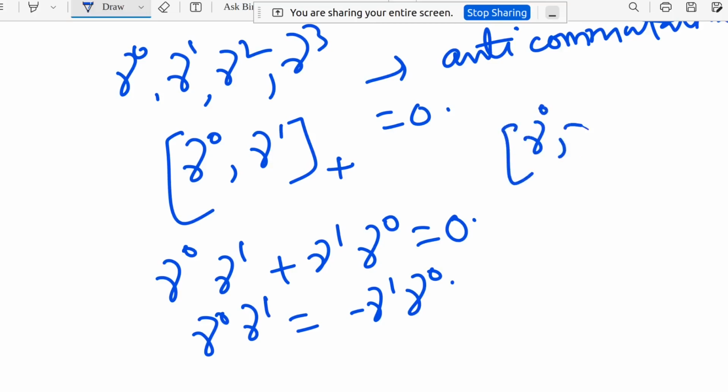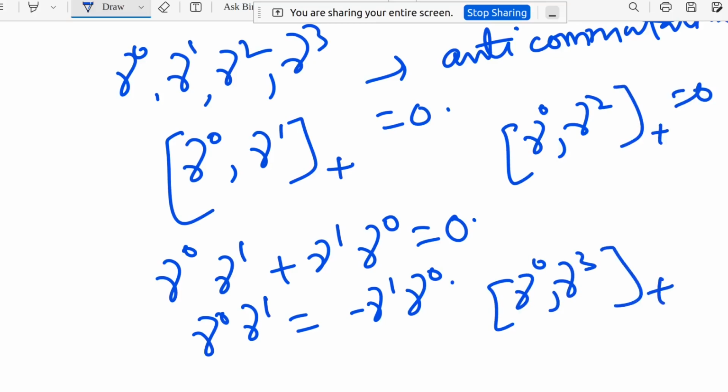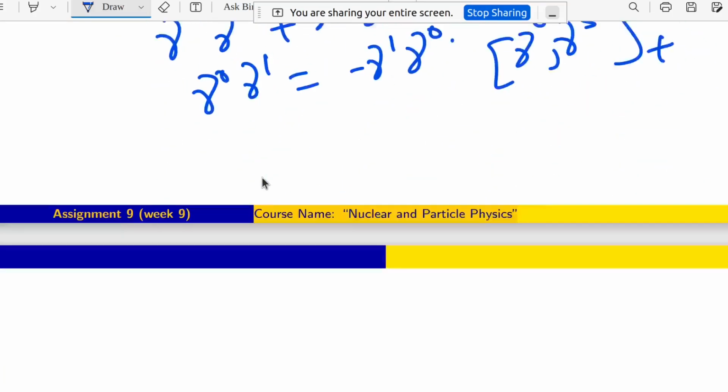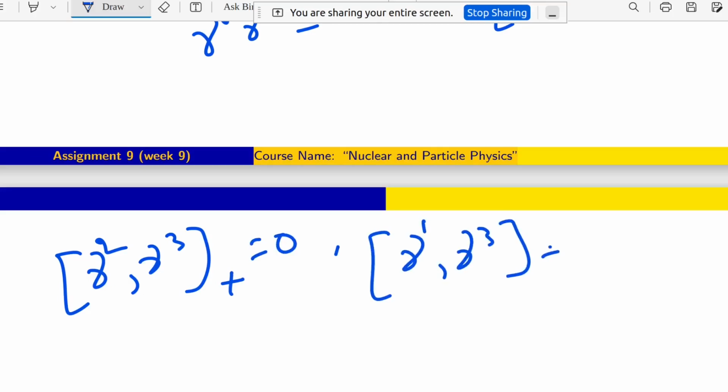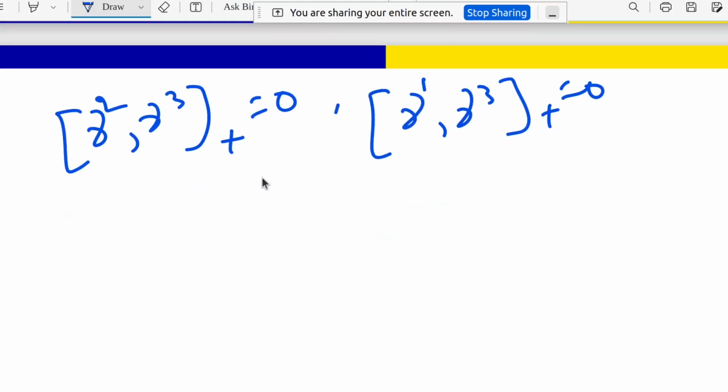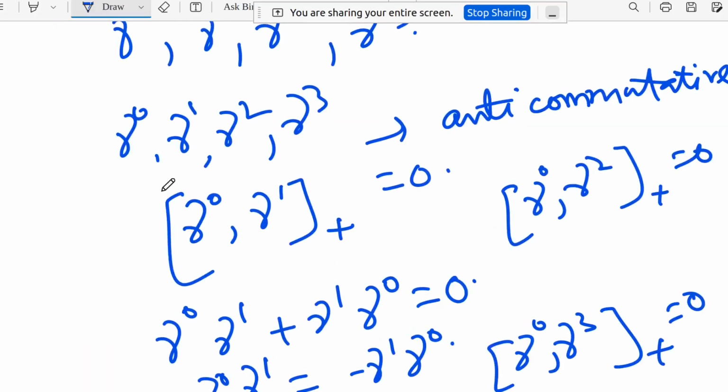Let's say the anticommutator of gamma 0 and gamma 2, this is also 0. Gamma 0 and gamma 3, this is also 0. Similarly, gamma 2 and gamma 3, this is 0. Gamma 1 and gamma 3, 0, and any other combination.